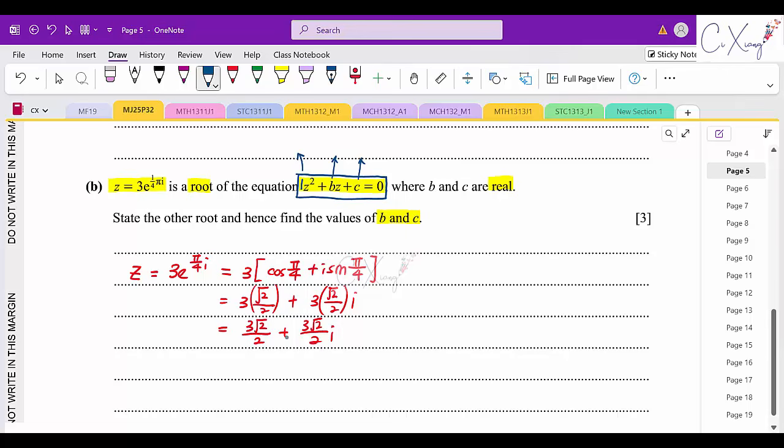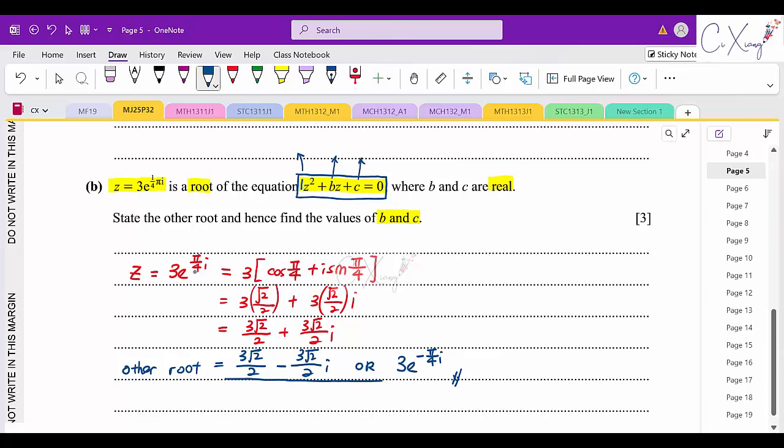This is one of your roots. Therefore, the other root will be the conjugate of this first root. So the other root will be 3 root 2 over 2 minus 3 root 2 over 2 i. Of course, if you want, you can put it into exponential form also. The conjugate in exponential form will be 3e^(-iπ/4).